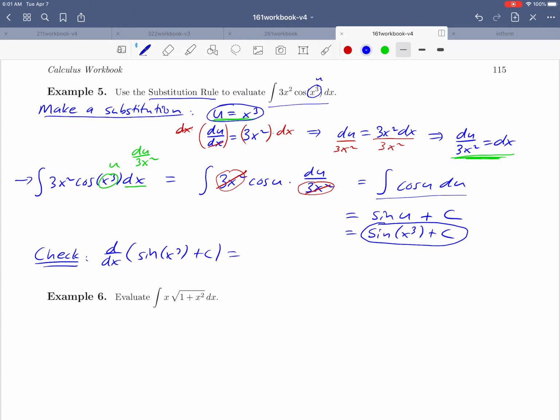The plus c is going to go to 0 because it's a constant. And the derivative of sine of x cubed, we can take using the chain rule. So we would get cosine of x cubed times the derivative of the u, which is 3x squared. Notice that that function agrees with the function that we started with inside of our integral. That confirms that our answer up here is correct.